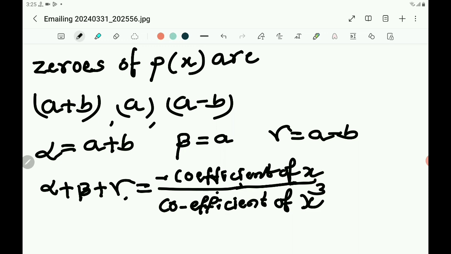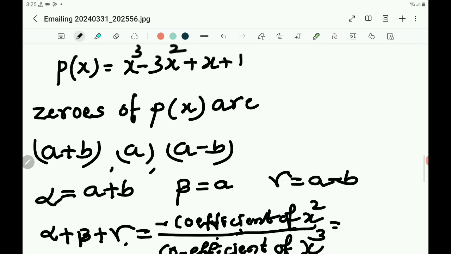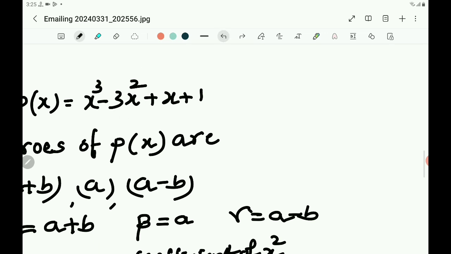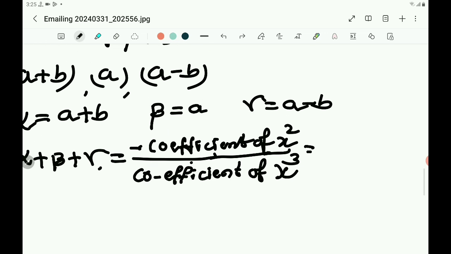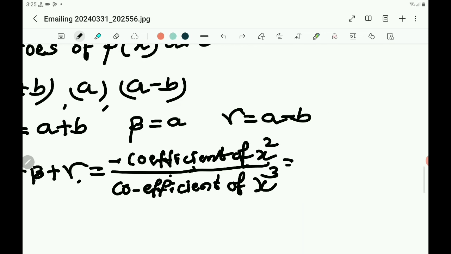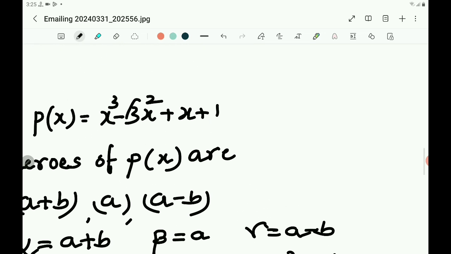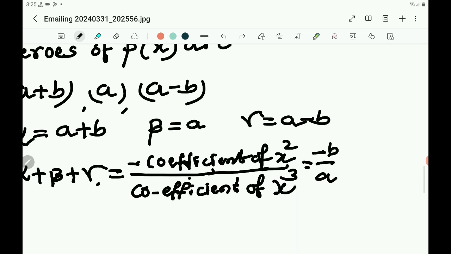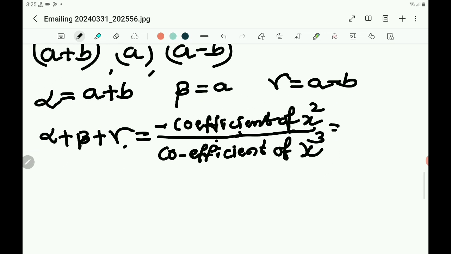Coefficient of x square is minus 3 and coefficient of x cube is 1. That is minus b by a you can take, but here b repeats, so let us take it directly, or otherwise if you want you can write minus b by a also. Here minus b is equal to what? Minus of minus 3, and a is the coefficient of x cube. I am not writing it because that is repeating, it becomes confusing for you.